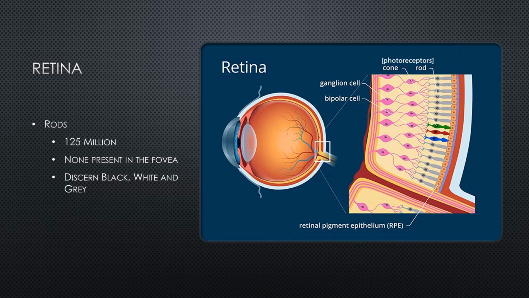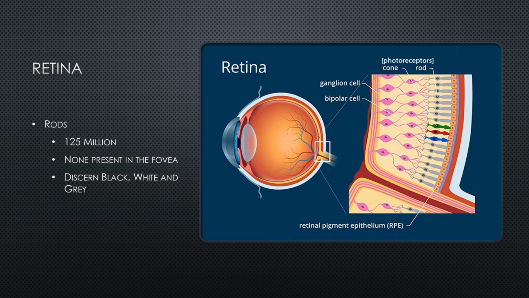The other photoreceptor cell found in the retina is the rod. There are approximately 125 million rods present in the retina. They are mostly spread throughout the periphery, but there are none present in the fovea. They are responsible for discerning black, white, and gray, and function best in dimly lit situations.